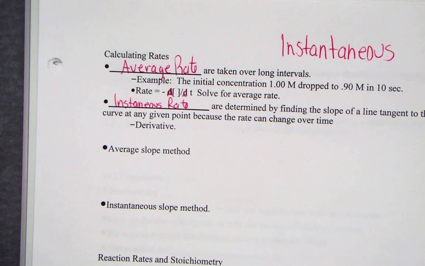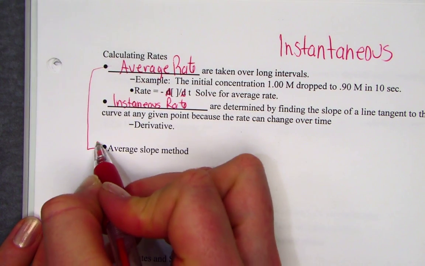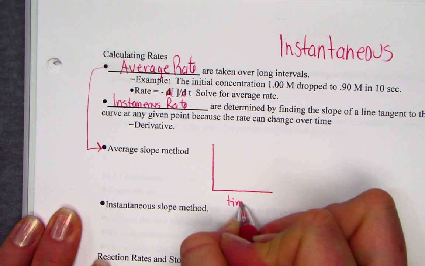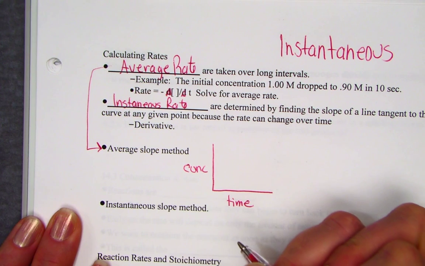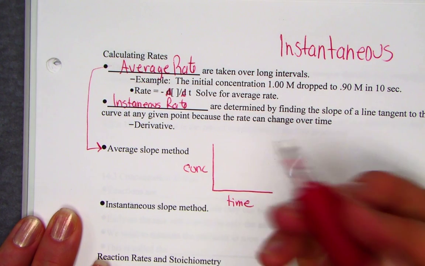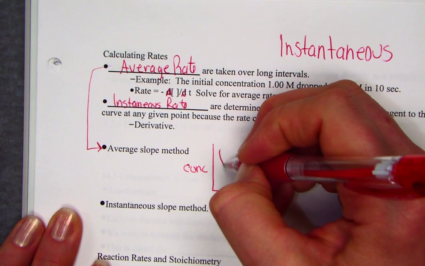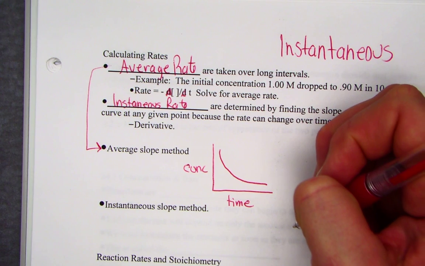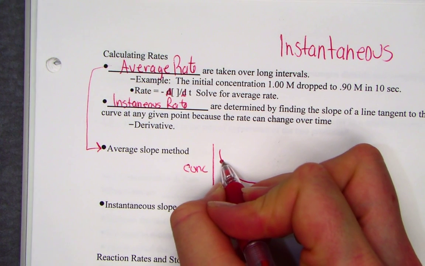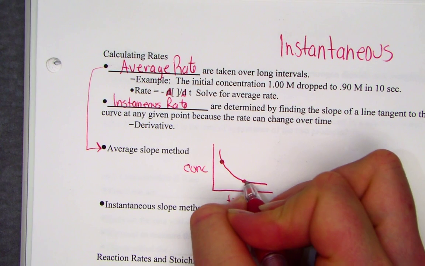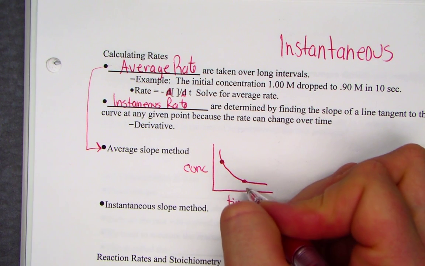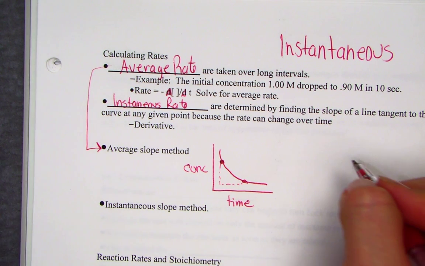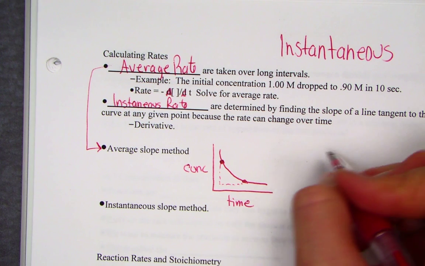Let me represent these in terms of a graph. An average slope method says, thinking about as time goes by, we're measuring the concentration of a reactant. We'll call it reactant A. As time goes by, we notice that reactants get used, so their concentration decreases. If I take an average slope method, I find a time interval. When I think about how much the concentration changes per unit time, I'm finding an average rate.